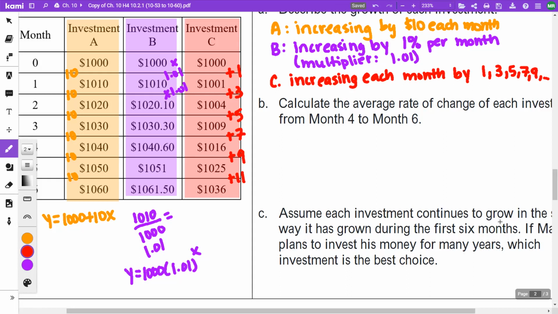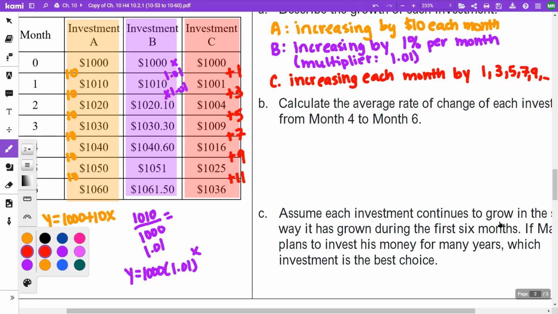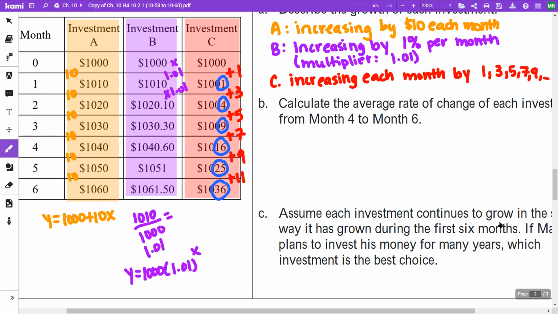What I notice is that we have a 1, a 4, a 9, a 16, a 25, and a 36. I'm adding 1 for month 1, 4 for month 2, 9 for month 3, and 16 more by month 4 and so forth.